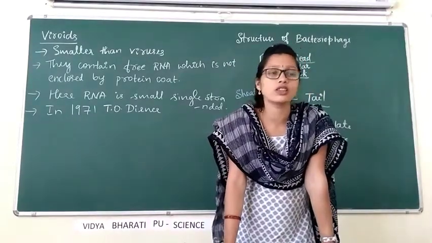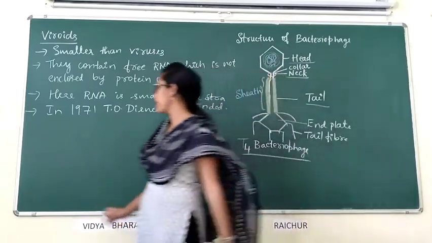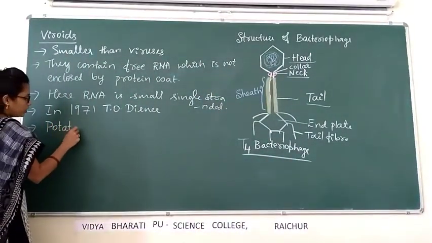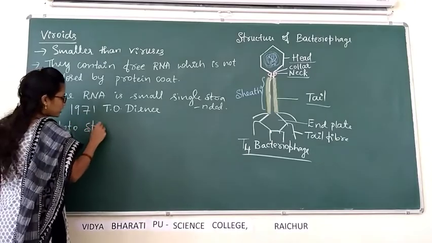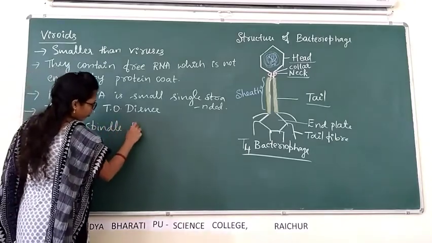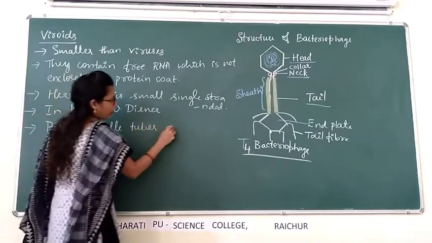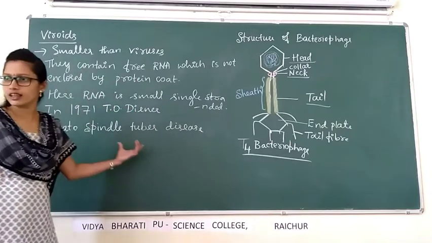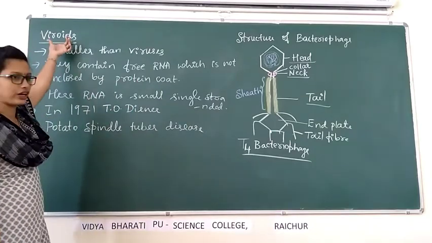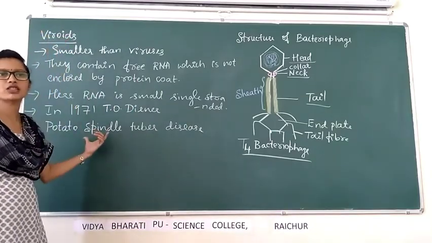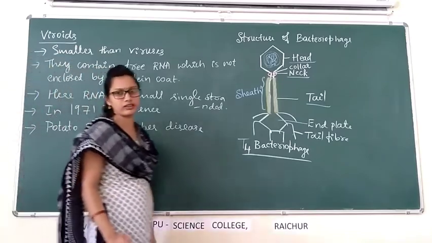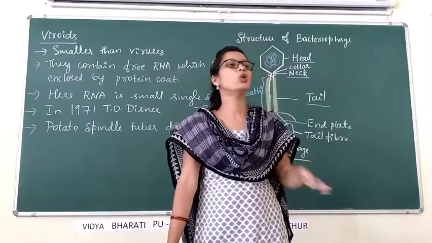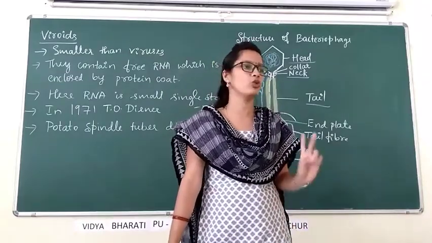An example is potato spindle tuber disease, which is caused by viroids. It was first discovered by Theo Diner. This is about viroids. What are viroids? Who discovered viroids? This is a 2-mark question.